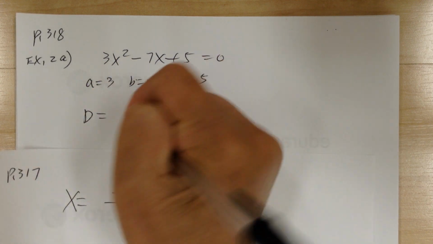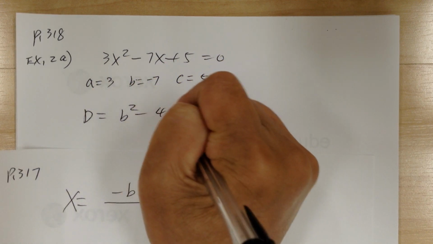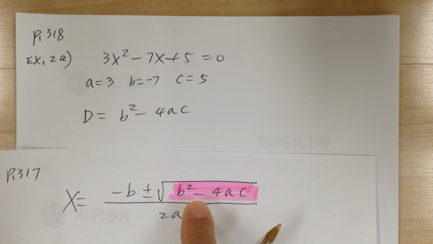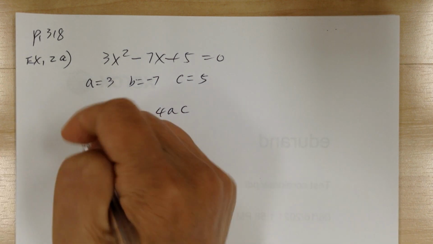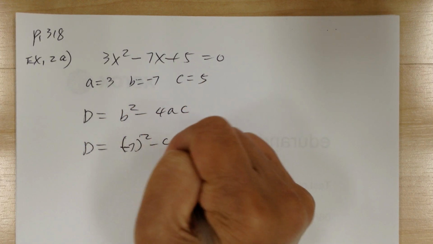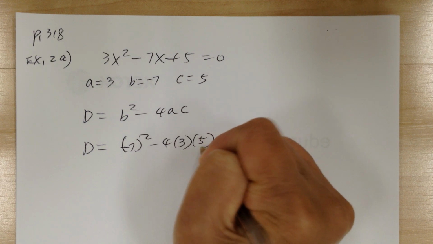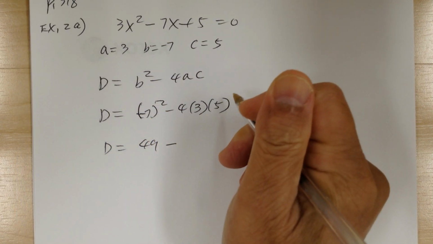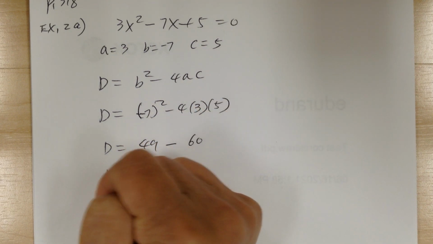So d equal to b squared minus 4ac. That's d, the part that's inside here. So d is equal to -7 squared minus 4ac. So d equal to 49 minus 60.